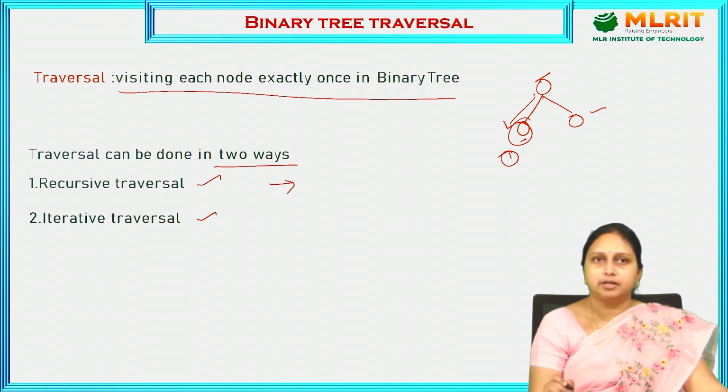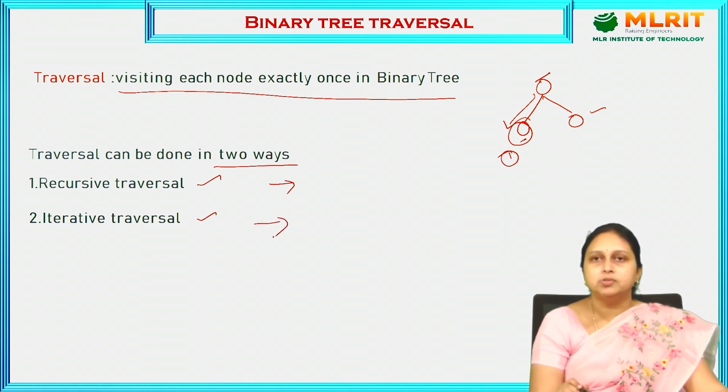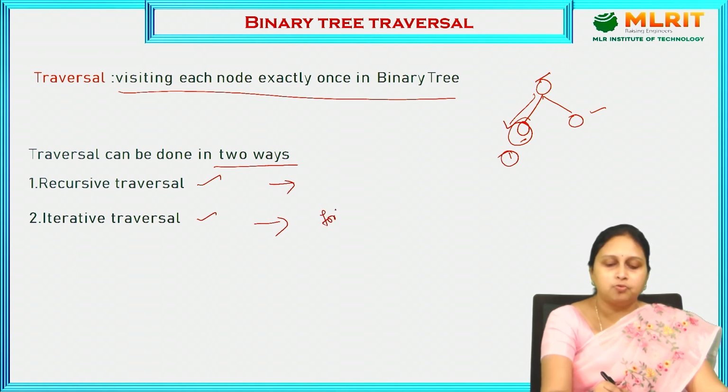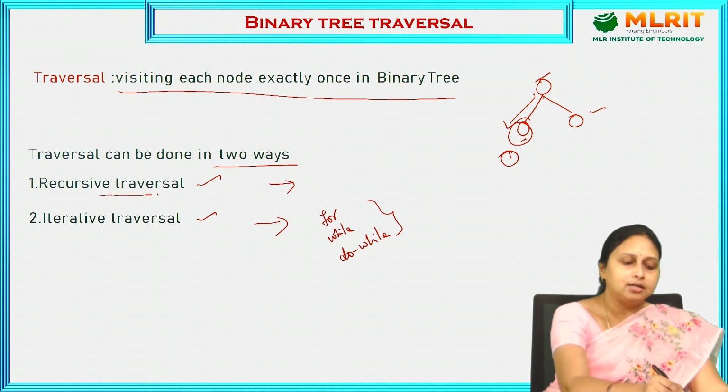The iteration is where we use loop statements, like for loop, while loop and do while loop. When we use these in our traversal, we name it iterative traversal. Otherwise, it is a recursive traversal.